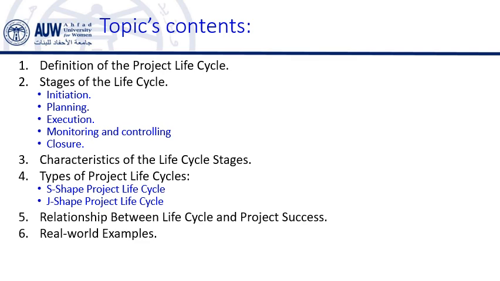Comparing the S-shape and the J-shape life cycle in terms of cost, both types are resource intensive, but the pattern of cost accumulation differs. In terms of effort, the S-shape increases gradually while the J-shape has an initial surge in effort.